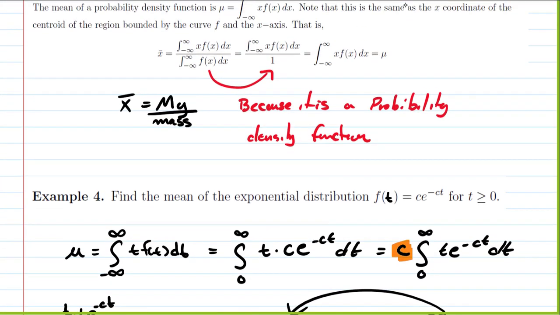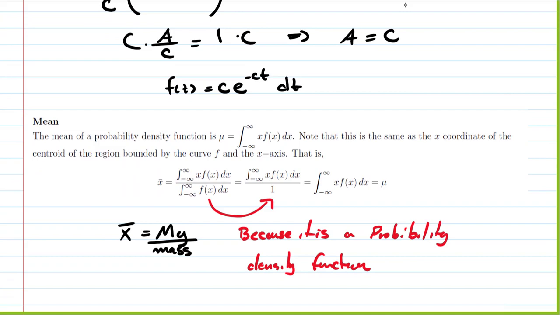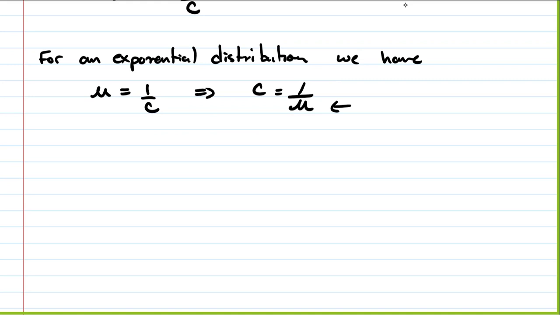Where mu is the mean or the average for that distribution, right?